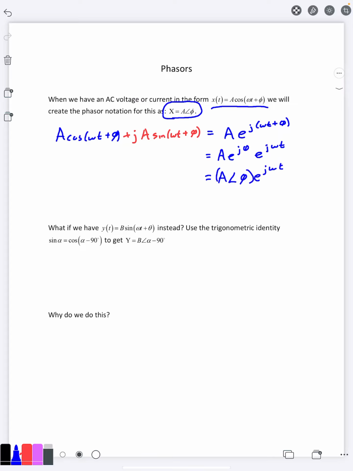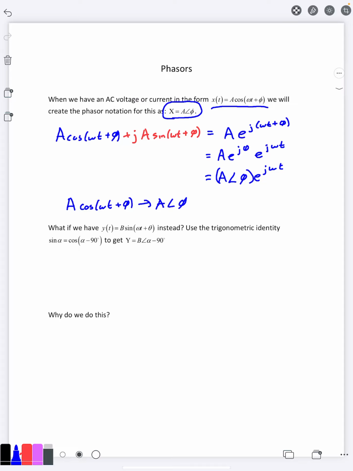So when we take A cosine omega t plus phi and turn it into A angle phi, we are really just looking at the coefficient, the amplitude as a complex number, and in some sense we're hiding the e to the j omega t part. We'll see why and where it's going to come into play in a few minutes.